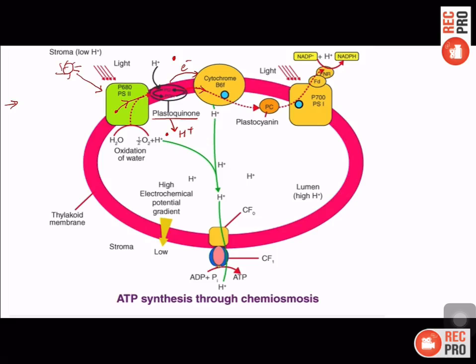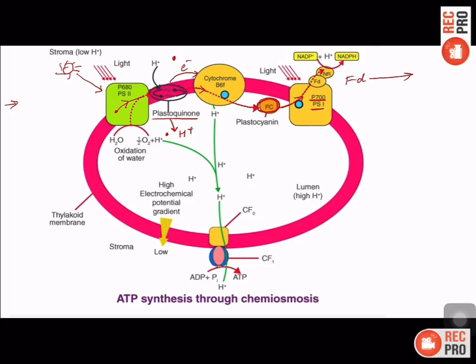Now once the electron is transferred to cytochrome b6f, it will further get transferred to plastocyanin. From the plastocyanin, it will go to PS1, right? Now when the electron reaches PS1, it will go to ferredoxin.